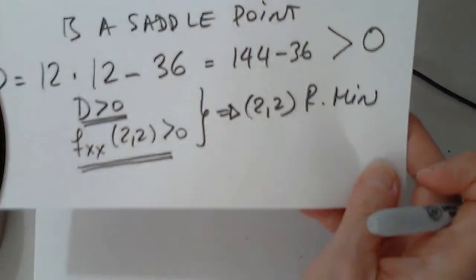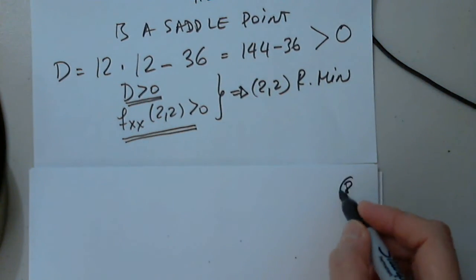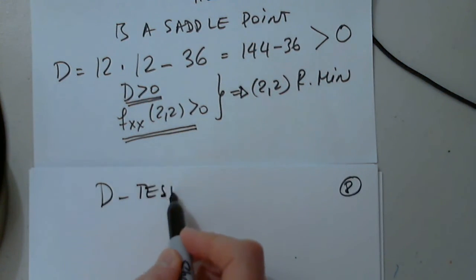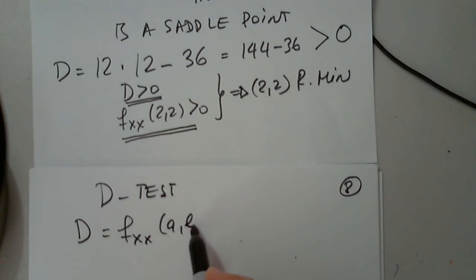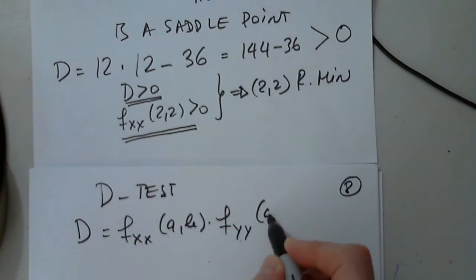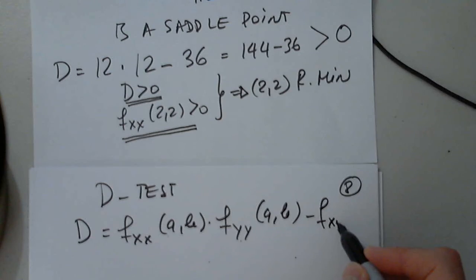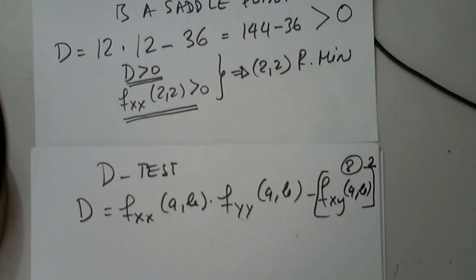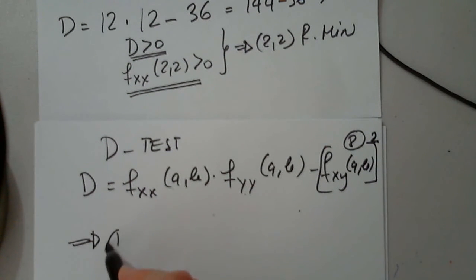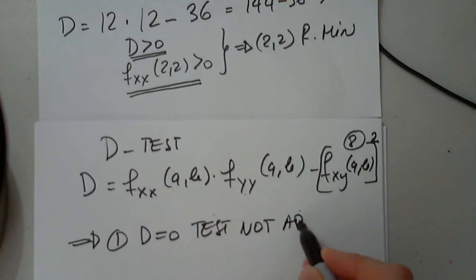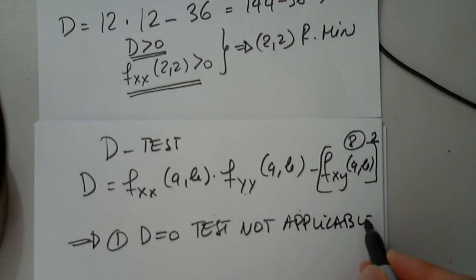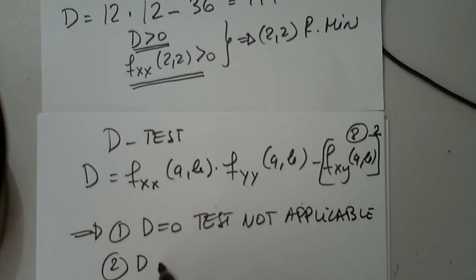So let's summarize the D test. First of all, D is fxx at (a, b) times fyy at (a, b) minus fxy at (a, b) squared. Number 1, if D is 0, test is not applicable. Number 2, if D is less than 0, saddle.